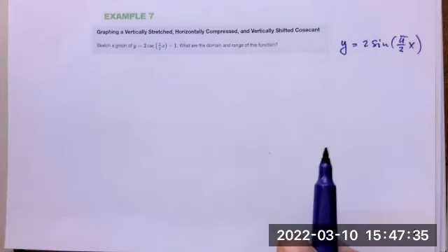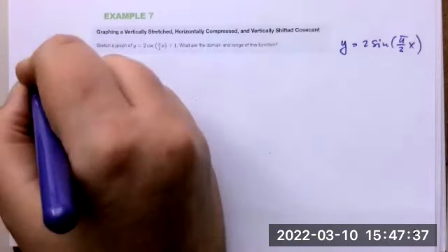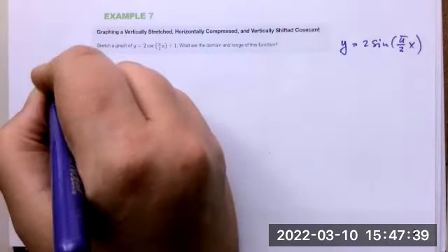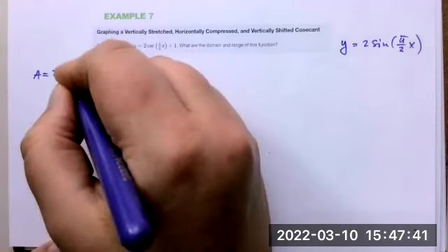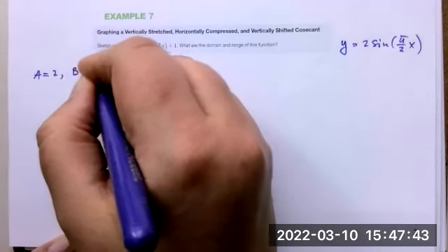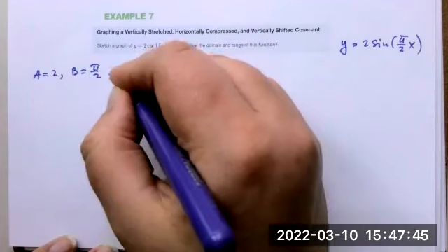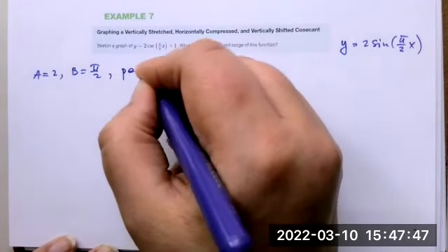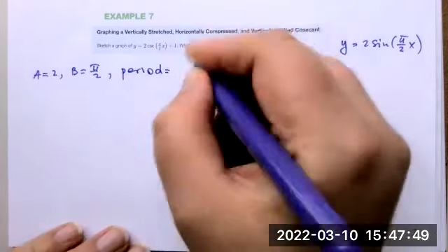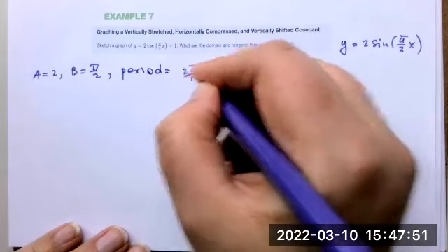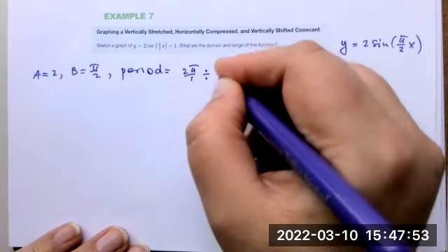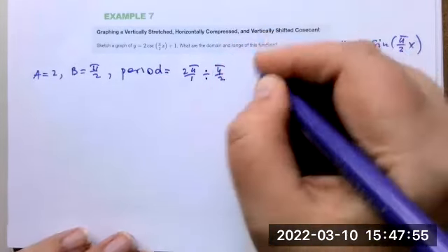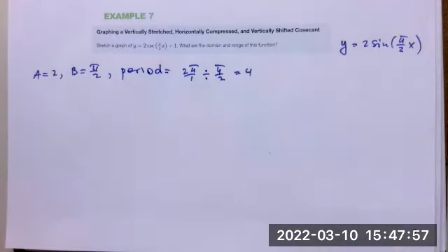All right, so the amplitude of this function is 2. The b is pi over 2, and that means that the period of this function is going to be 2 pi divided by pi over 2, which is going to be 4.